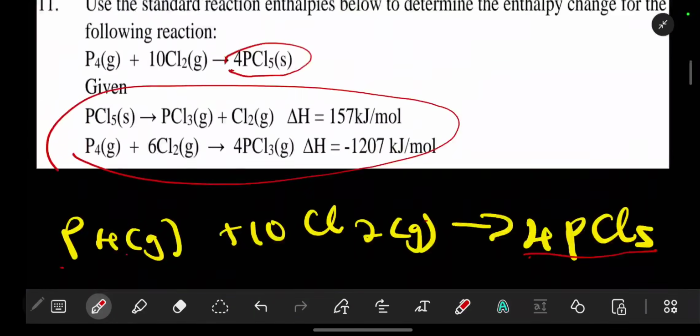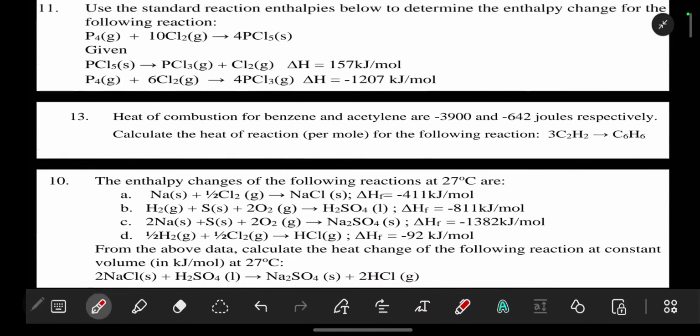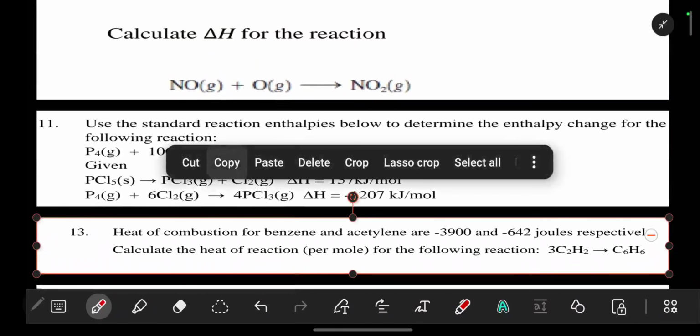Let's look at our last problem, which is in the form of a statement.